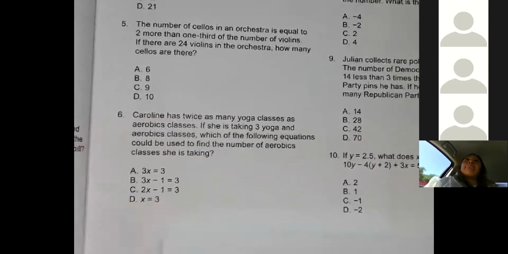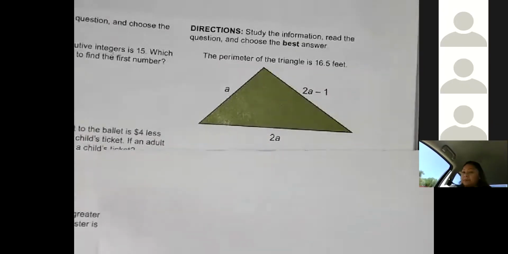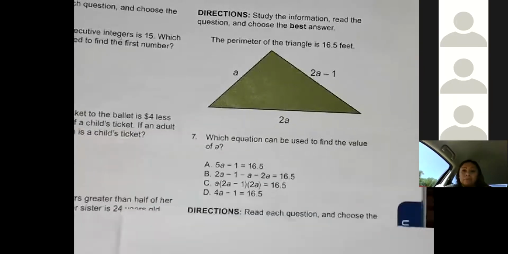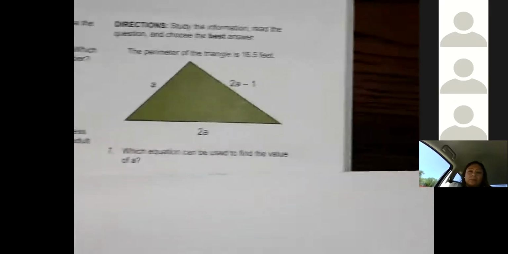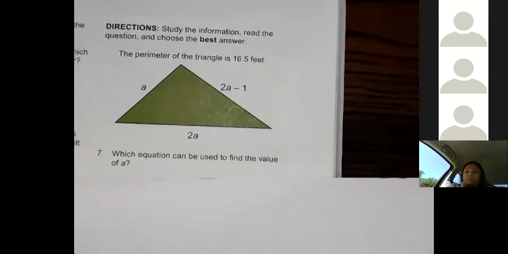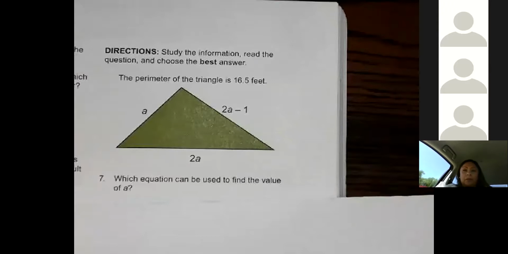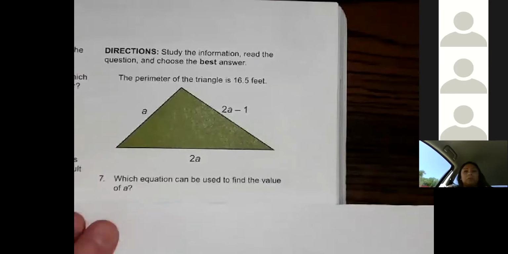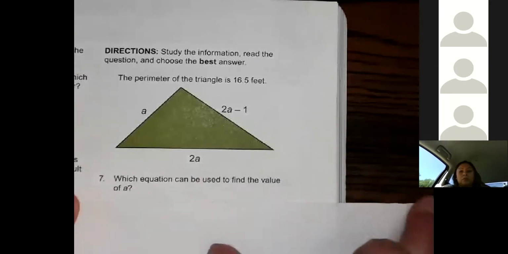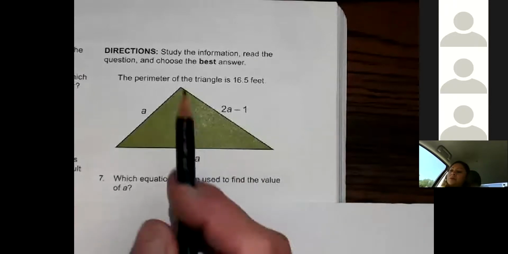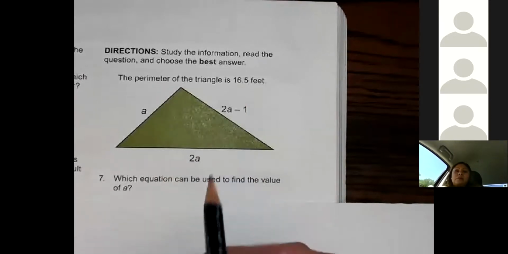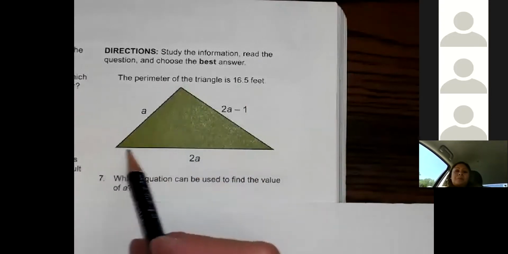Okay. These problems are all seeming kind of the same, aren't they? I like this one. Perimeter of the triangle is 16.5 feet. Which equation can be used to find the value of A? Well, let's think about what we would have to do to find this perimeter of 16.5. The perimeter is the distance all the way around.